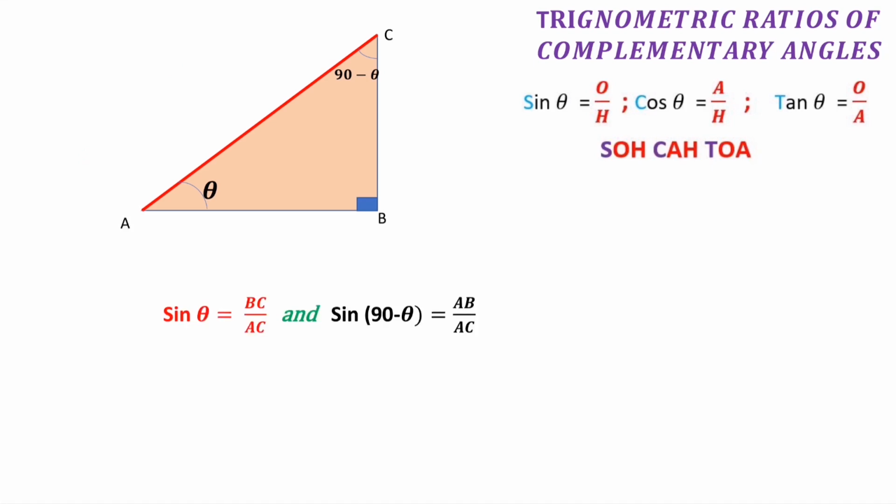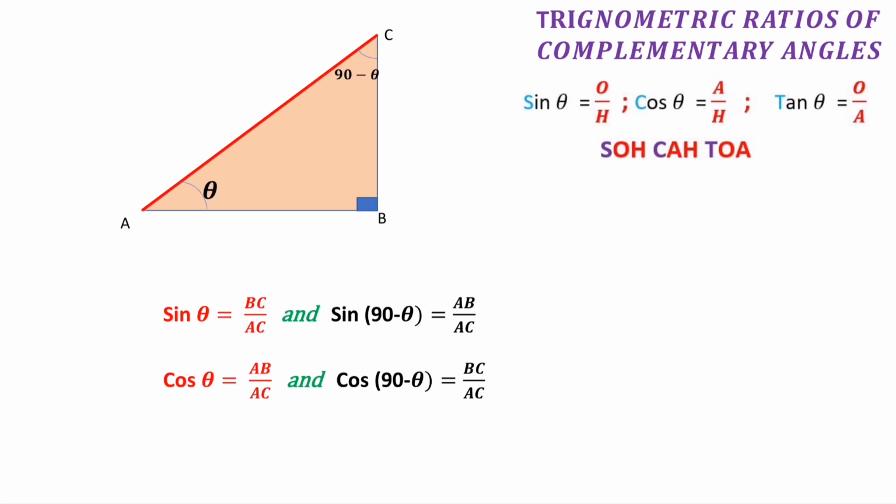So now let us see sin theta. With respect to this angle, sin theta is opposite by hypotenuse. Opposite side is BC and hypotenuse is AC. So sin theta is BC by AC, and sin 90 minus theta, with respect to this angle, is AB by AC. Now cos theta is adjacent side by hypotenuse.